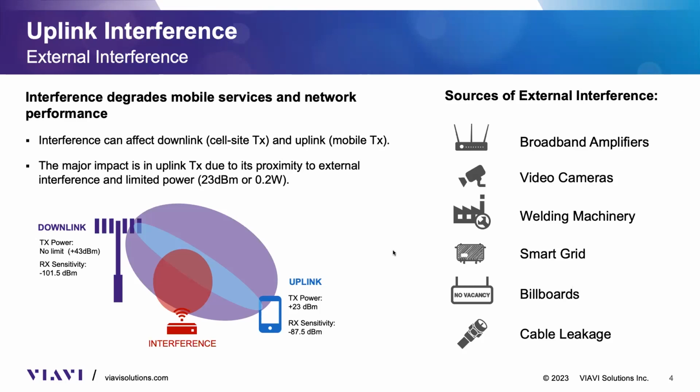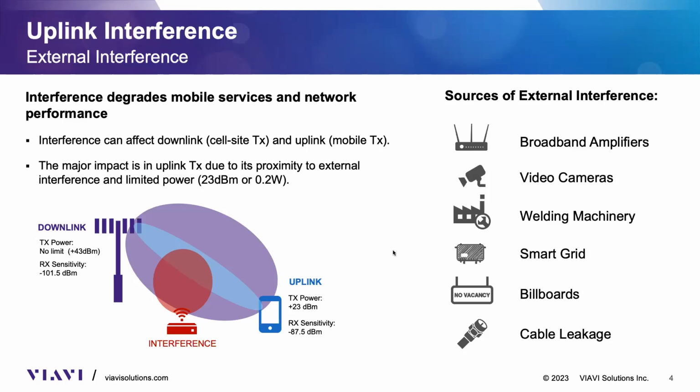So we're going to be talking about what's the best way to analyze intermittent and frequency hopping interferences. Some of the other sources of interference are smart grids that sometimes go off.